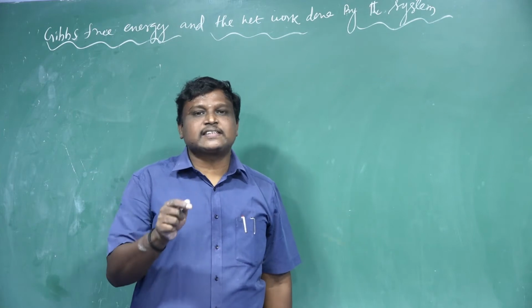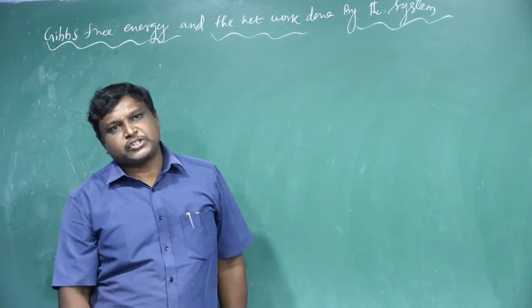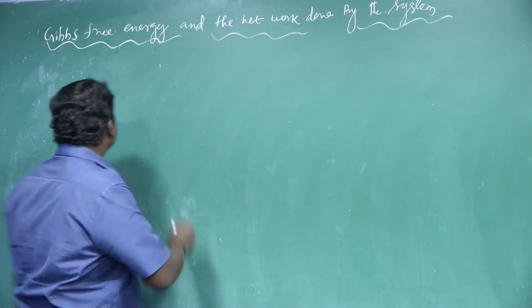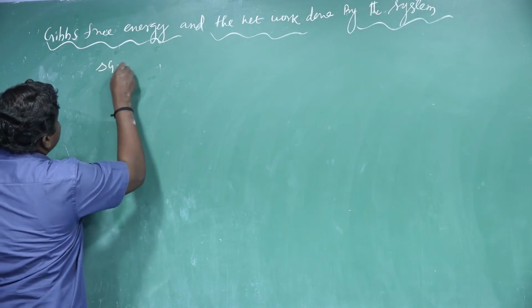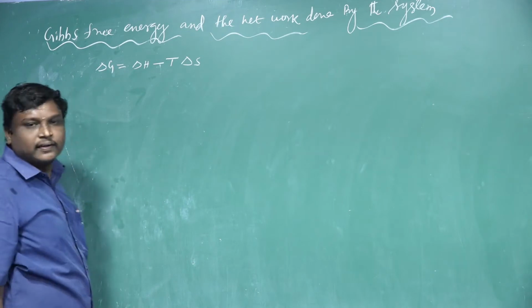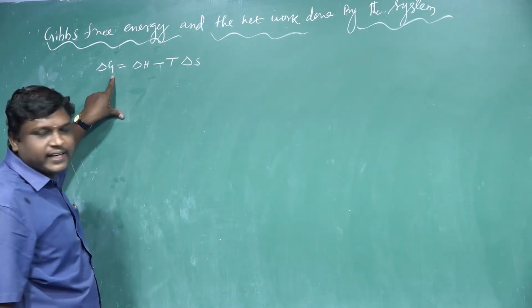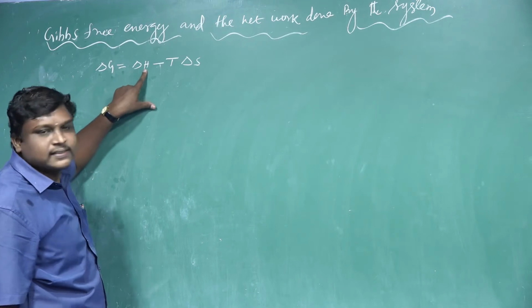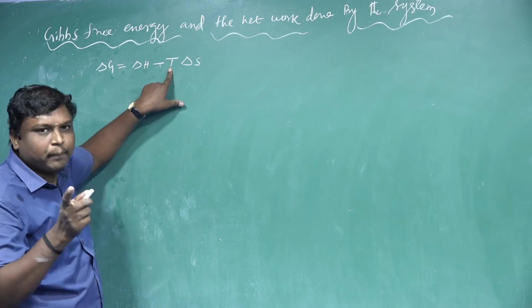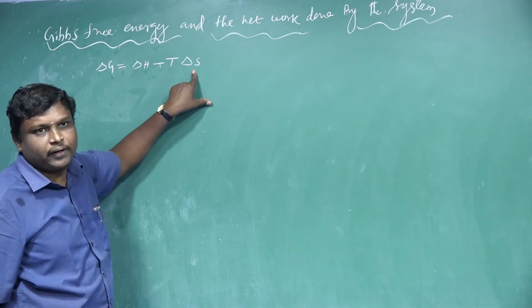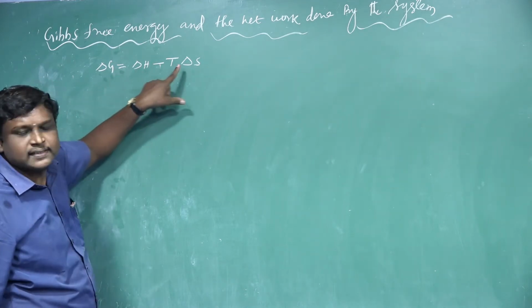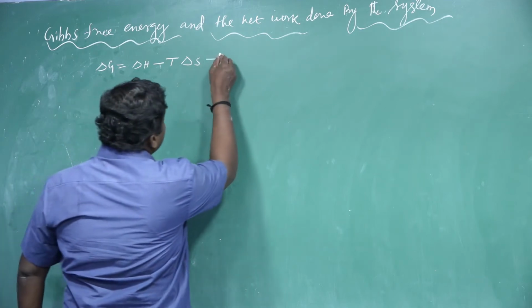If any system's temperature and pressure become constant, we know that ΔG equals ΔH minus TΔS. The change in Gibbs free energy equals the change in enthalpy minus the temperature times the change in entropy. That is Gibbs free energy, ΔG = ΔH − TΔS, equation 1.